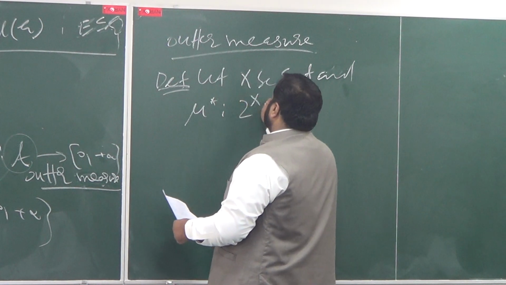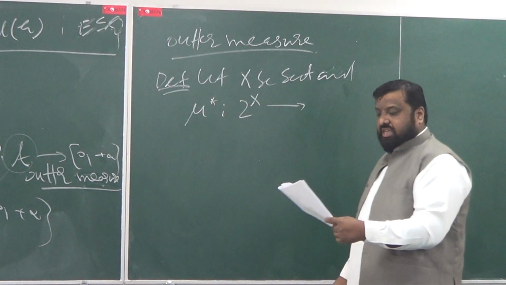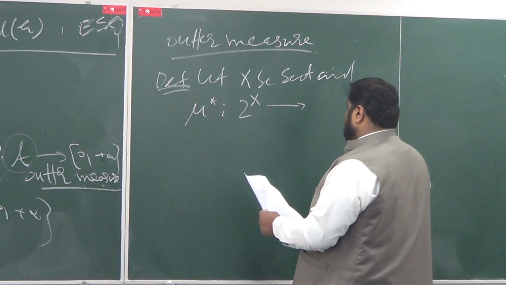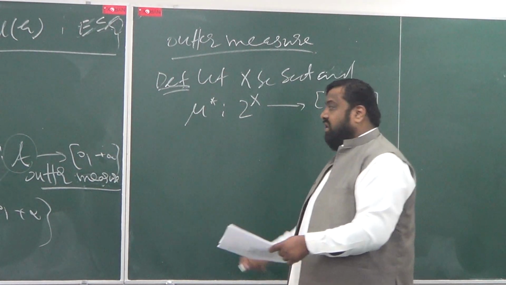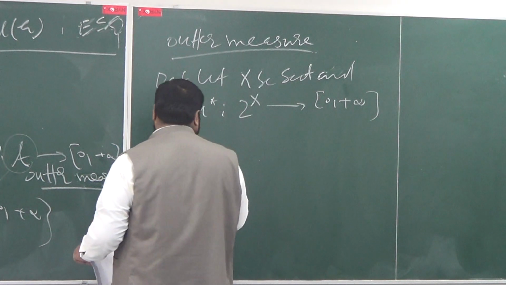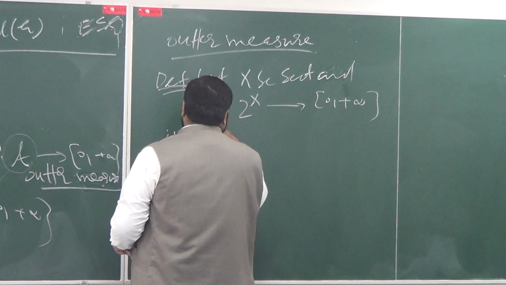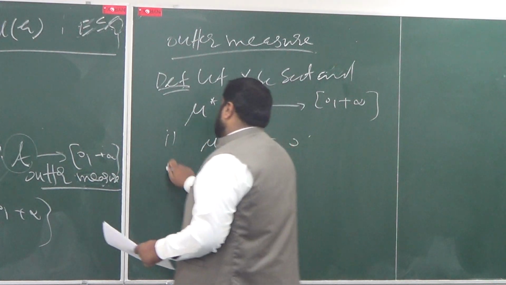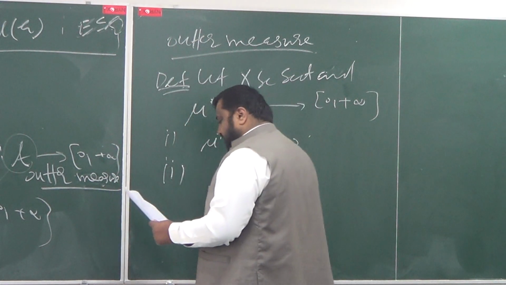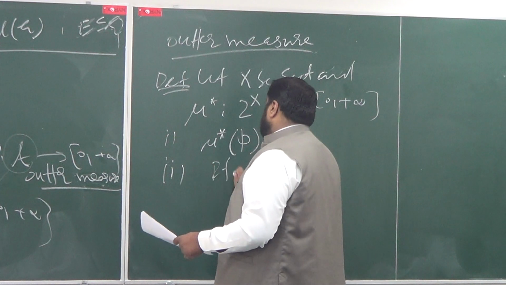An outer measure is a map from the collection of all subsets of X into 0 to plus infinity, such that it has the following properties. First, mu star of the empty set is 0. Secondly, it's monotonic in nature.